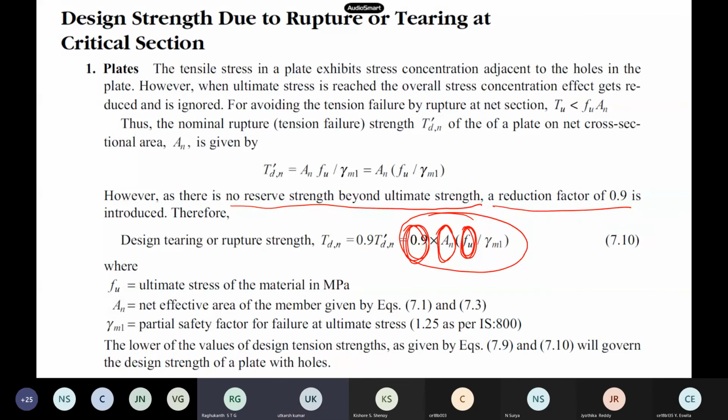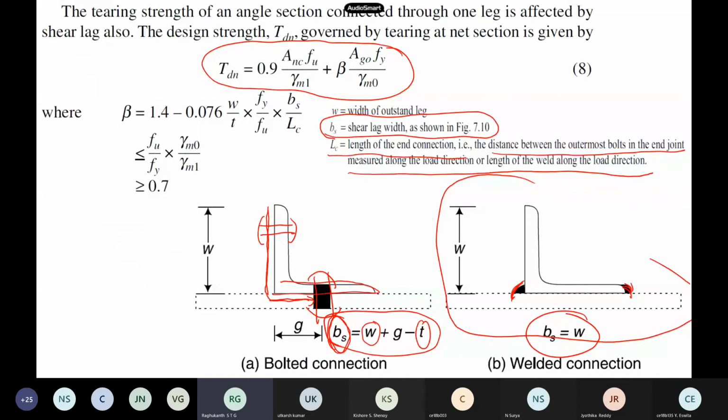This one. Because both the legs are connected, shear lag, no need to worry. Simply fold it into a plate and then you solve the problem. But if one leg is not connected, then you have to use this formula. The code clearly mentions, and this formula is from IIT Madras, from our lab essentially.